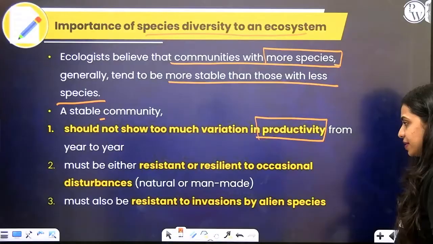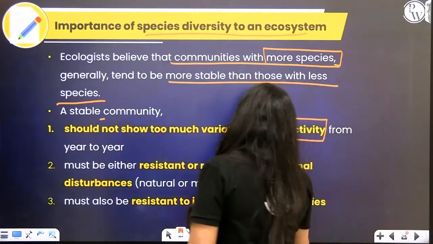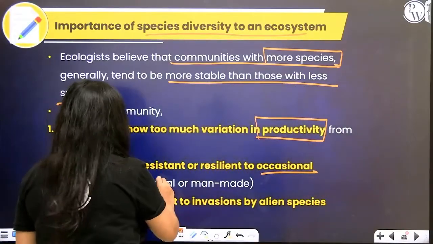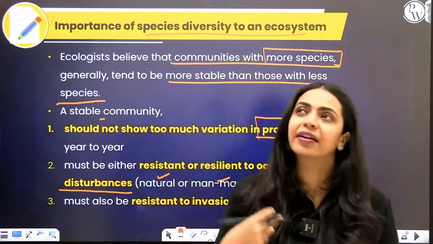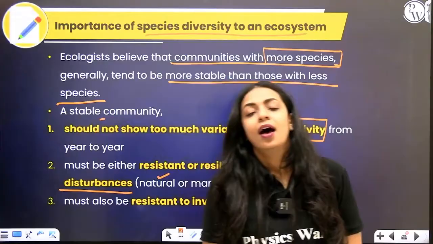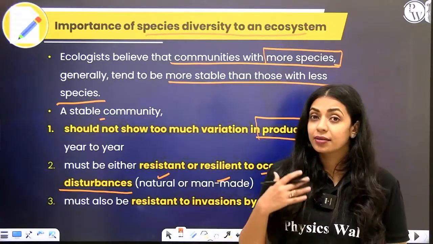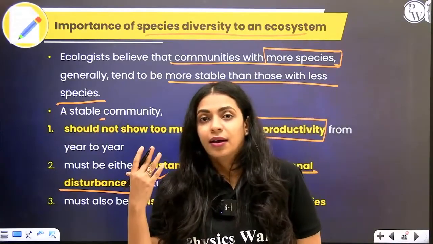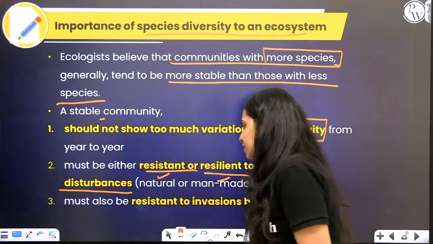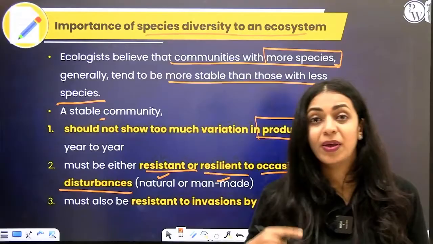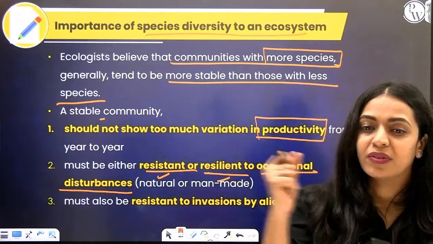The second point is that even though there are occasional disturbances in the form of natural or man-made disturbance, it could be a drought, it could be a flood, it could be a forest fire, whatever the reason, these areas should have resistance or resilience and should not be affected by that disturbance. It should always bounce back.